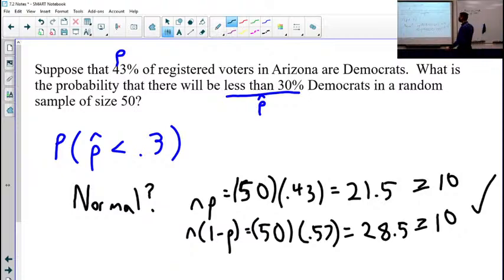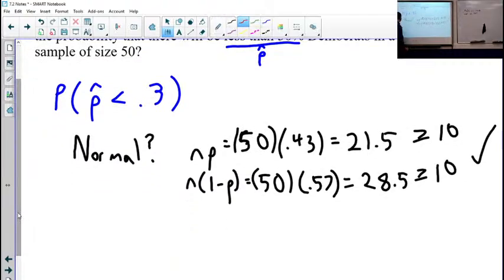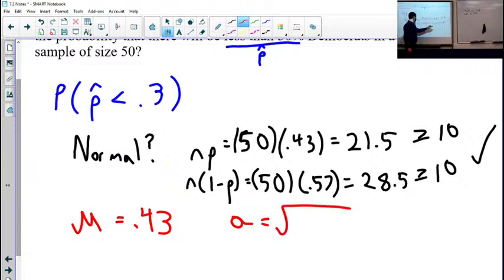Well, that's great news for us. Mean. It's just P. Standard deviation, this is where we need a formula. Square root of PQ over N. Square root of P, which is 0.43, times 1 minus P, which is 0.57, over N, which is 50.